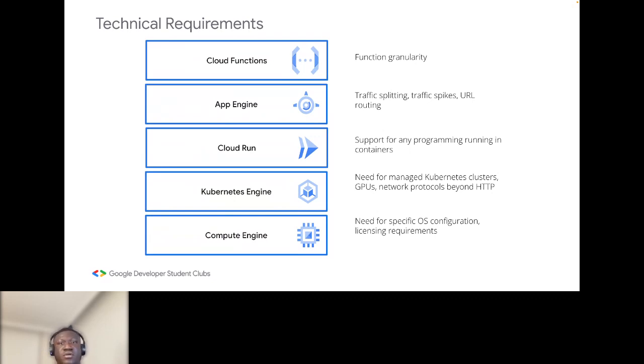Same with Cloud Run. And for Cloud Run, where you need support for other programming languages or certain runtime dependencies, Cloud Run is good to use. For Kubernetes Engine, where you need managed clusters, GPUs for your AI workloads, and much more flexibility in terms of network protocols, you would use Kubernetes Engine.